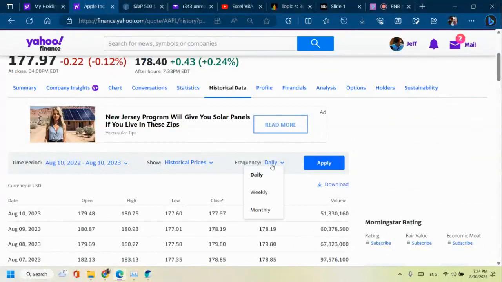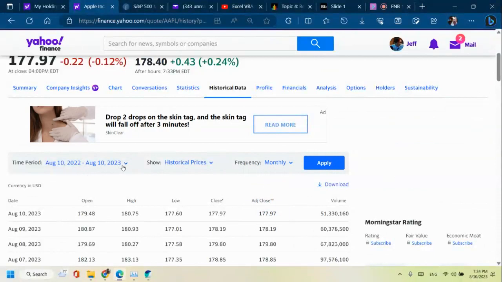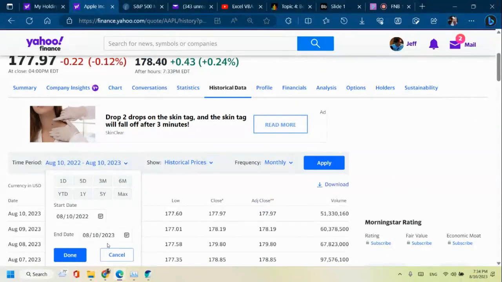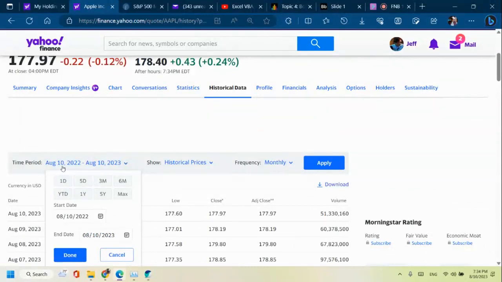So you'll set the data frequency to monthly, and we'll start from August. Just to have enough data points, we're going to start from July of 2018. So the end date is this.